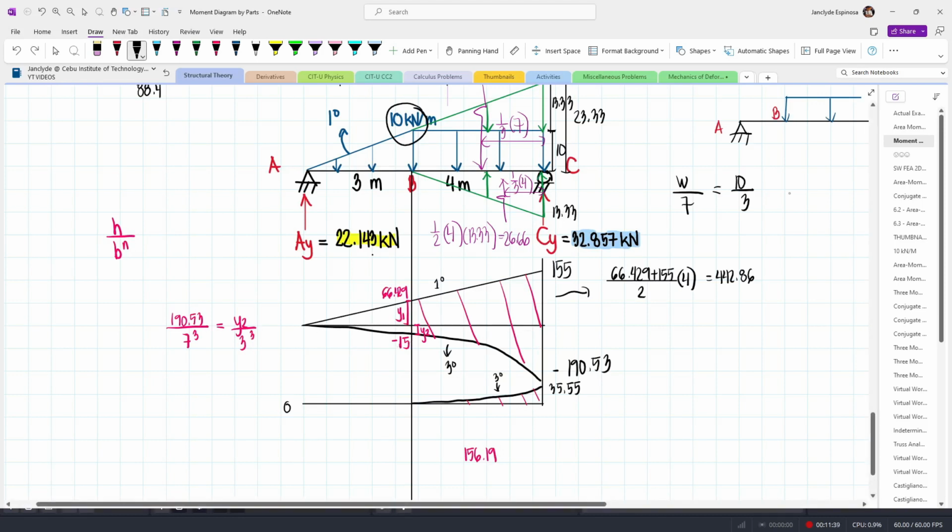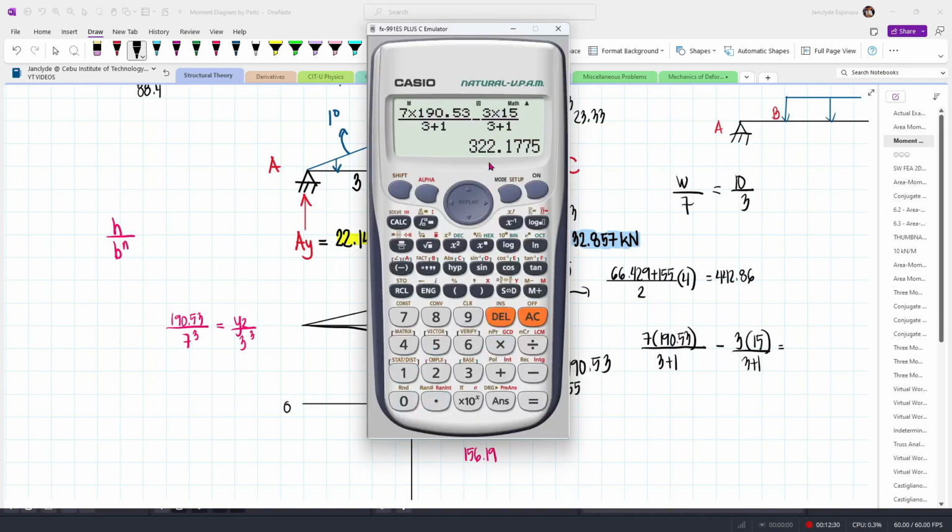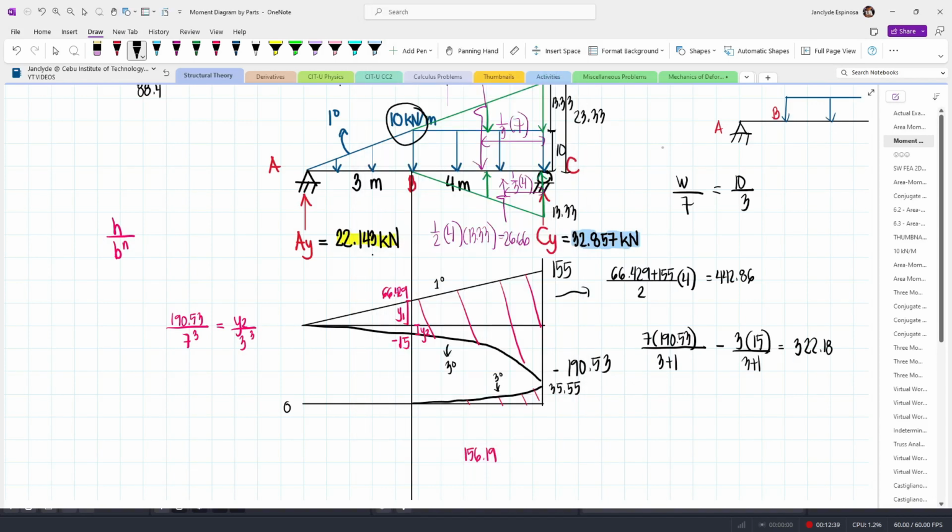For the whole spandrel, we have a base of 7 meters times a height of 190.53 divided by n plus 1, which is 3 plus 1, and then minus this smaller spandrel, which has a base of 3 meters multiplied by the height of 15 divided by 3 plus 1. This gives us 322.18. Then for this one, we have BH over n plus 1.